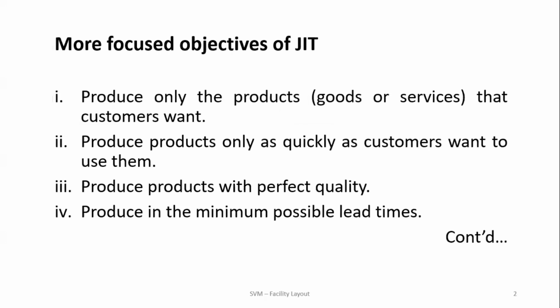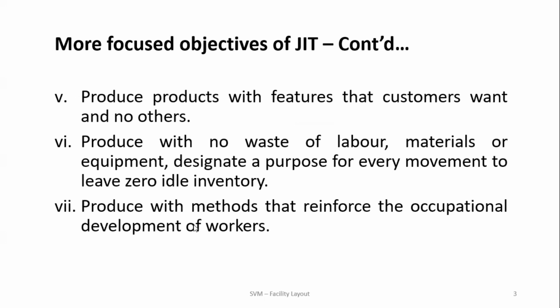More focused objectives of JIT: produce only the products, either goods or services, that customers want. Produce products only as quickly as customers want to use them. Produce products with perfect quality. Produce in the minimum possible lead times.